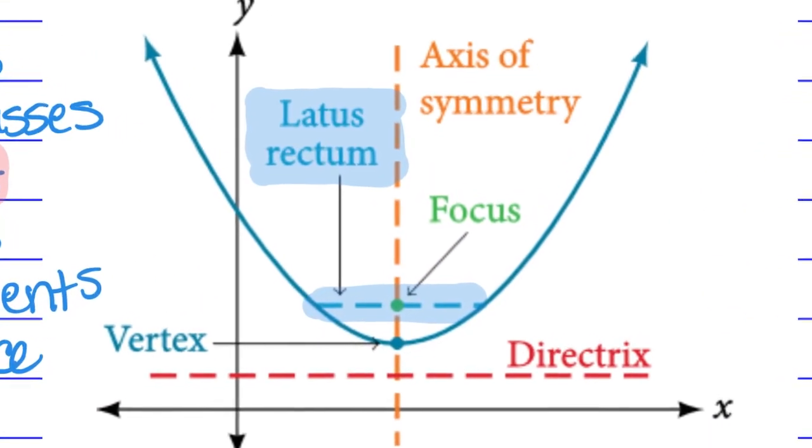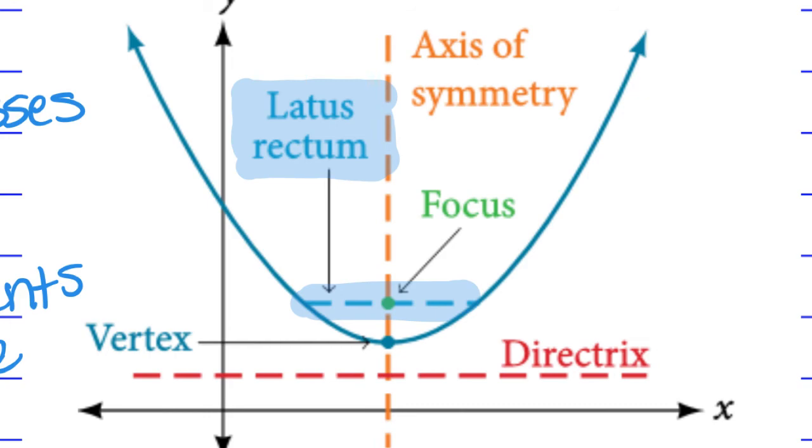So from the vertex to the focus is p units. The latus rectum measures from the focus to the endpoint a value of 2p. So from the vertex to the focus is p units, and from the focus to the edge of the parabola is 2p units.